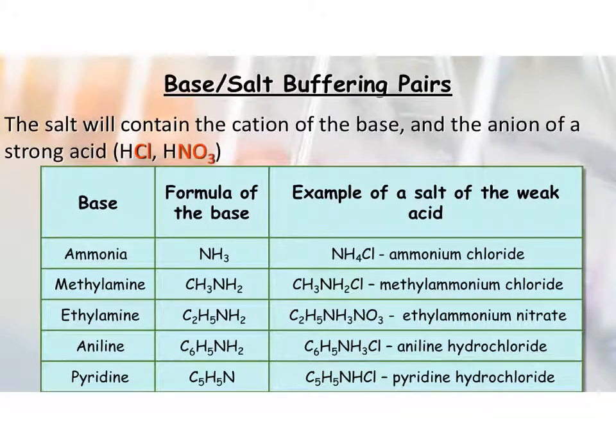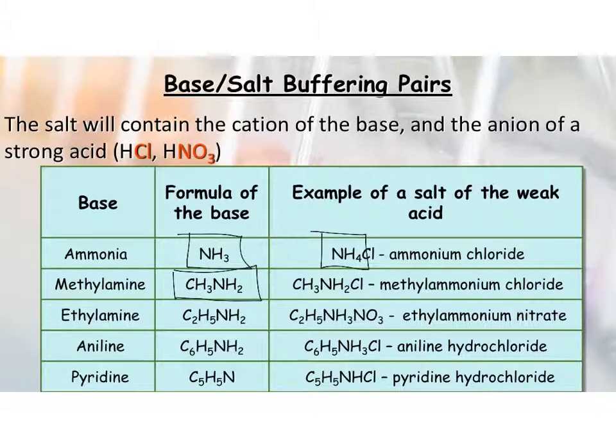All right, and here's some examples of some weak bases and their salts. So NH3 is a weak base. If you add an H to it, NH4 plus, that is the conjugate acid of it. Okay, again, methylamine. Okay, there is our weak base. Remember, bases accept H's.